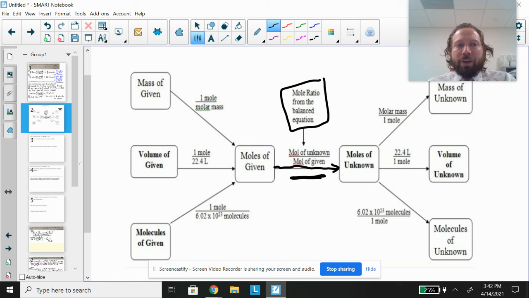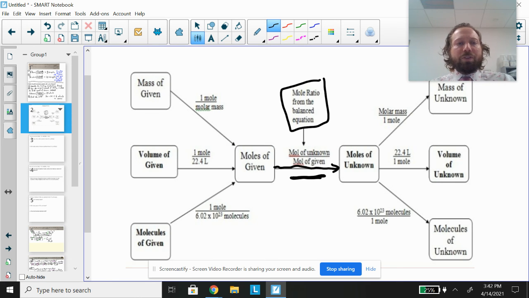All right, and then we essentially solve that step, and we get the moles of the unknown. And from there, we can either decide to stop if we're looking for just moles of the unknown, or we could go to the molar mass of the unknown, the volume of the unknown, or the molecules or atoms of the unknown. Right? So this is a helpful tool.